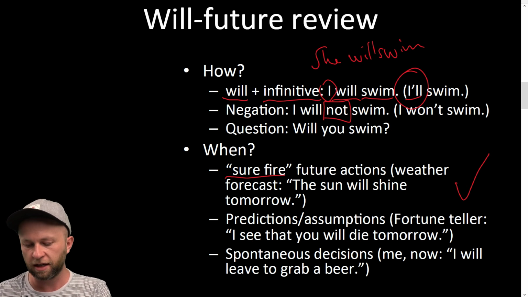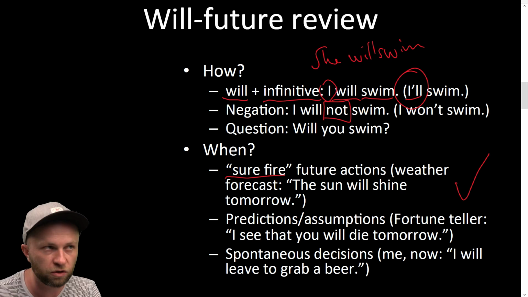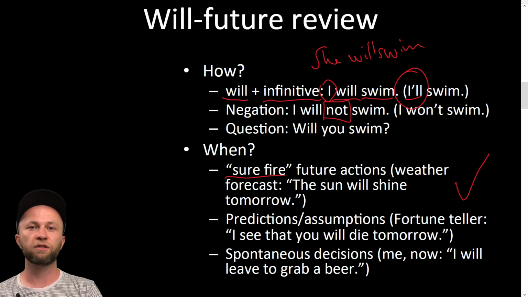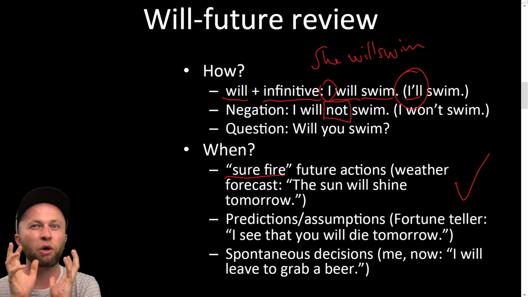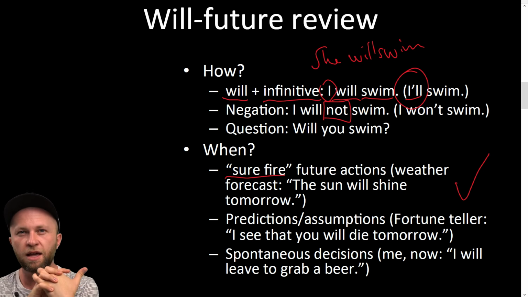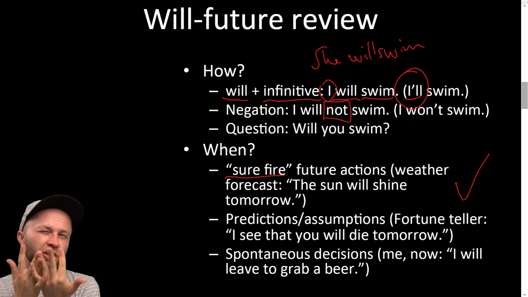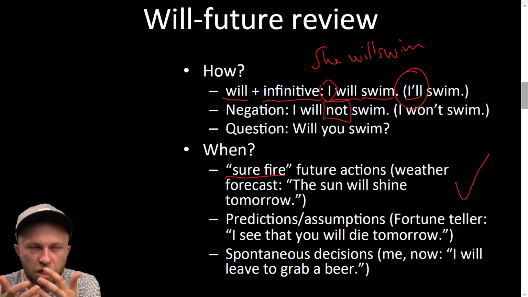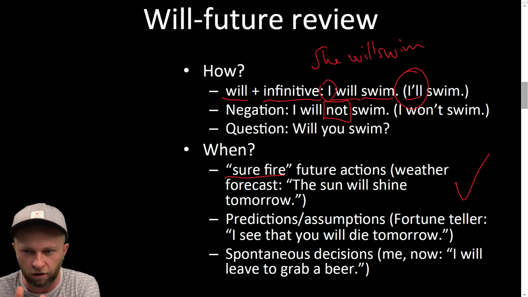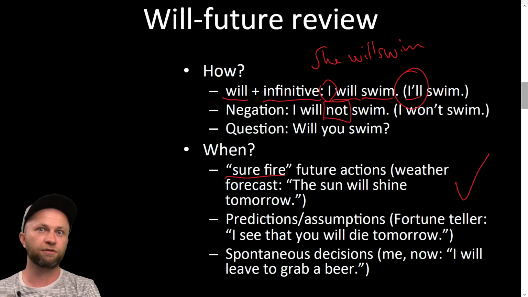Then another thing is when you want to express predictions or assumptions. So if you think that something might happen, and there is a possibility that something happens and you're not sure about it, but it could happen, like a fortune teller. I see that you will die tomorrow. When she looks in the crystal ball, for example.